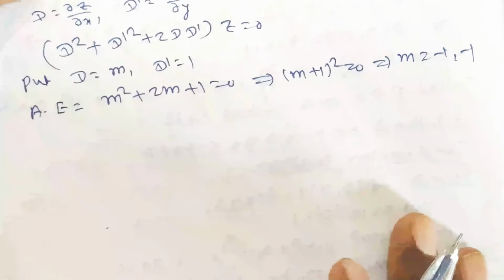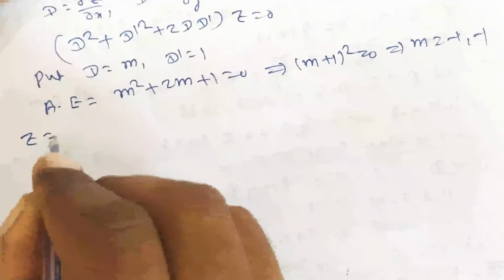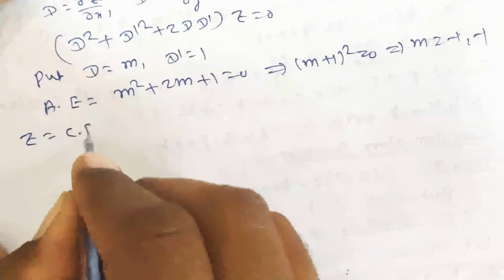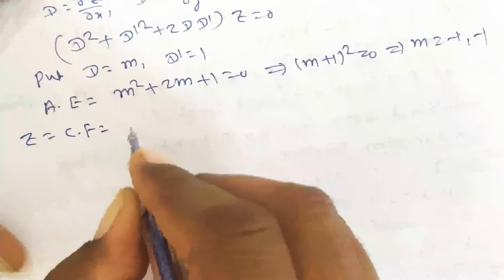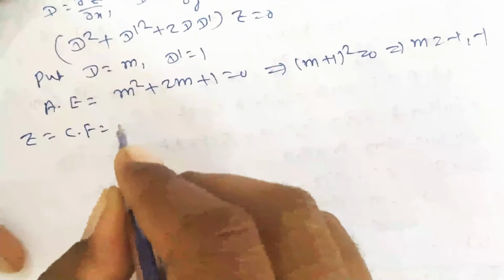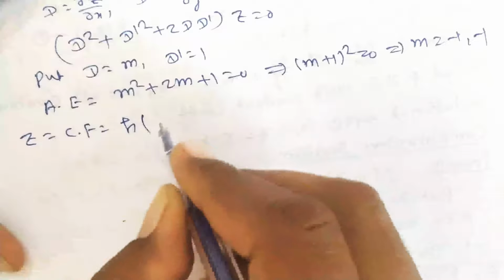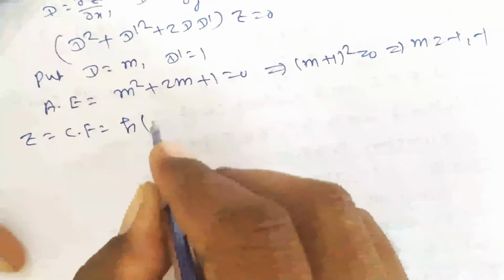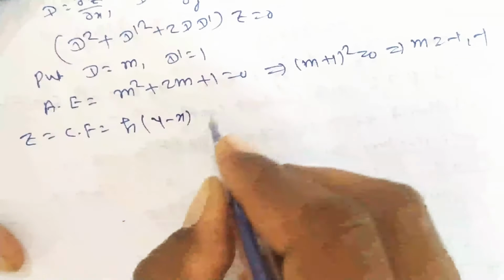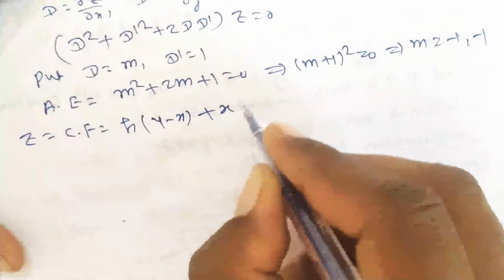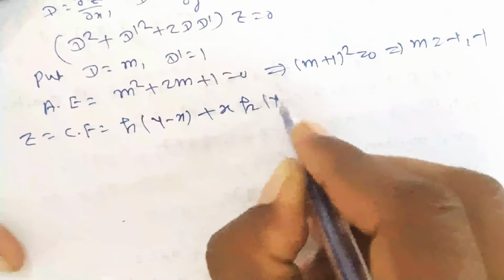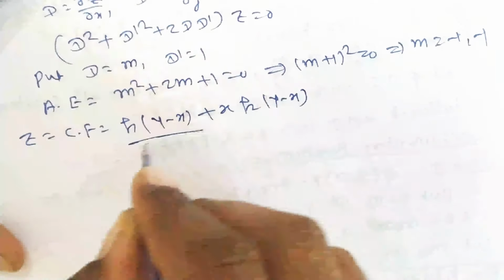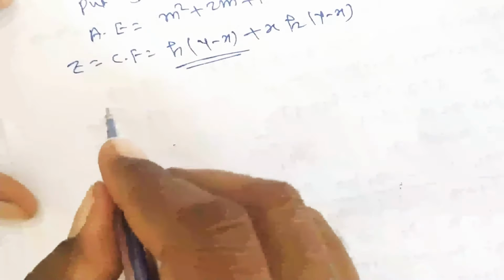So m = -1 are the roots, means we have to use the second case for the complementary function. Therefore the solution is z = f1(y + mx) + x f2(y + mx), where m is -1 here, since m is a repeated root. So this is the solution of the given partial differential equation with constant coefficients.